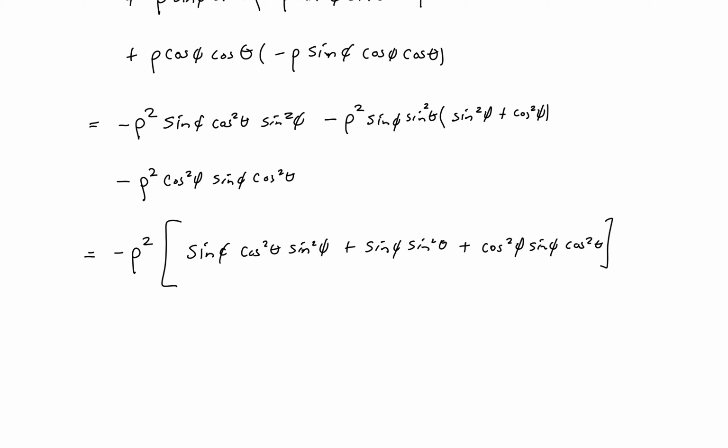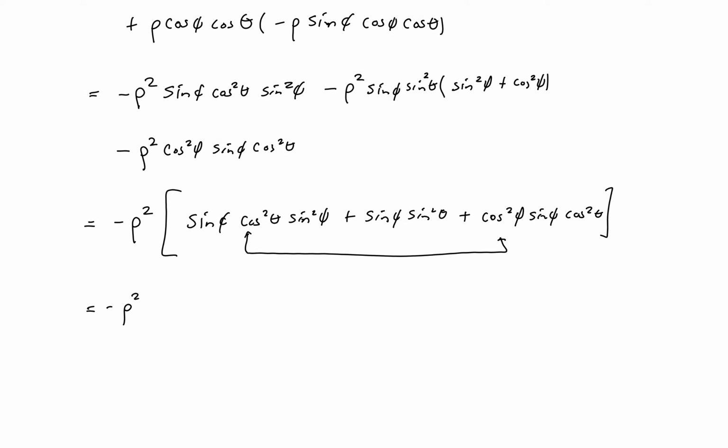And so notice if we take this first term and the second term, I can factor out a cosine squared theta from both of those and a sine phi, and I'll get a sine squared phi and a cosine squared phi, and then I have left over sine phi sine squared theta.